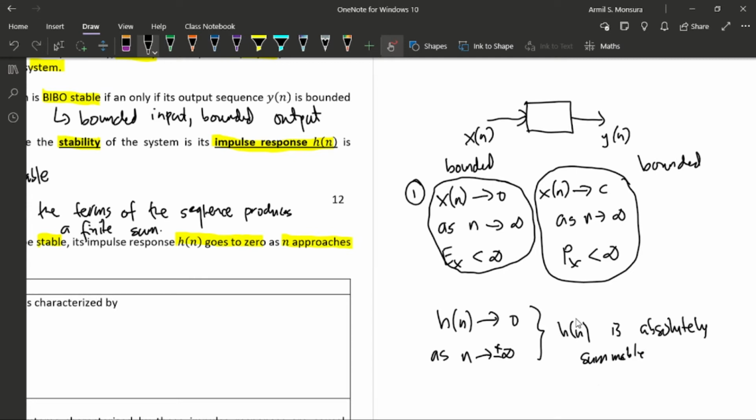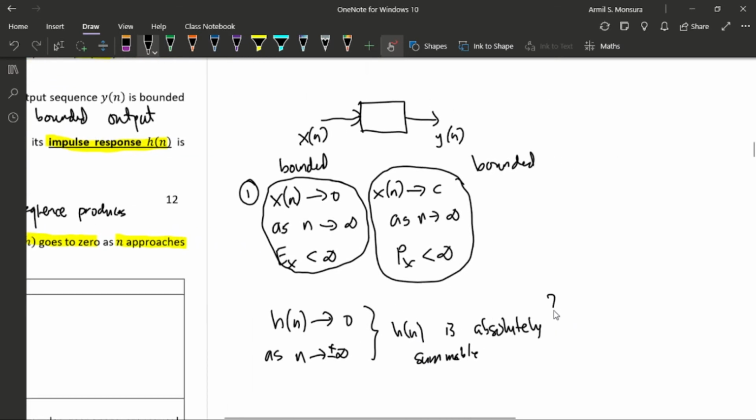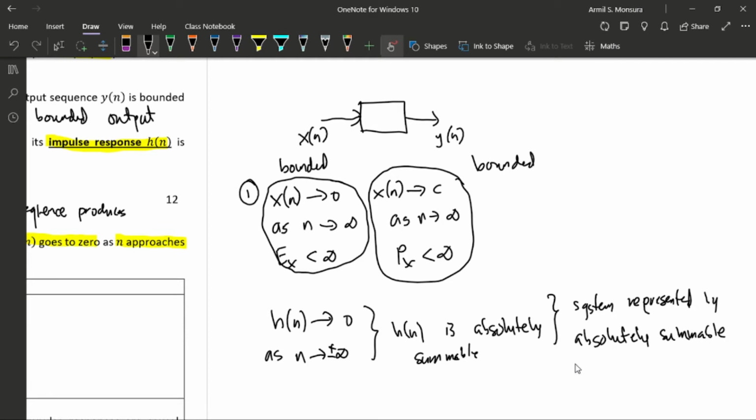And that points to a system represented by an absolutely summable h[n] being stable.